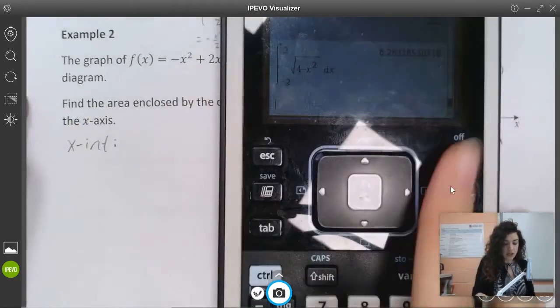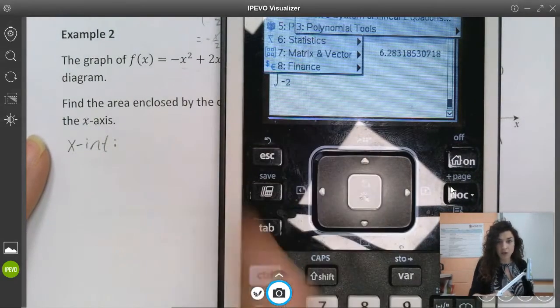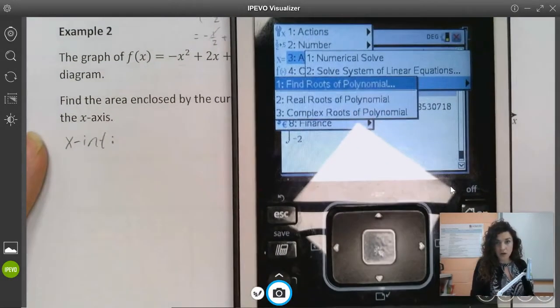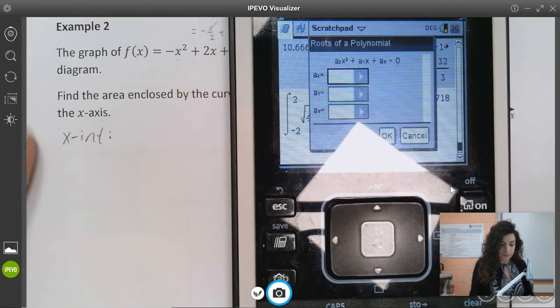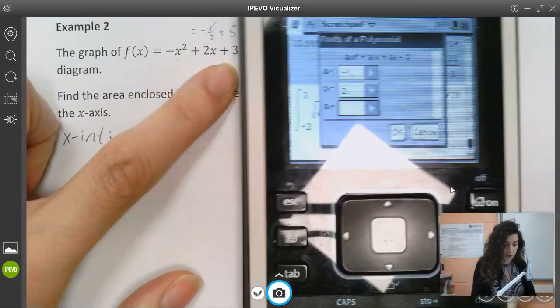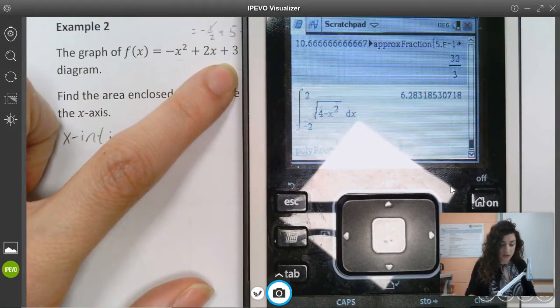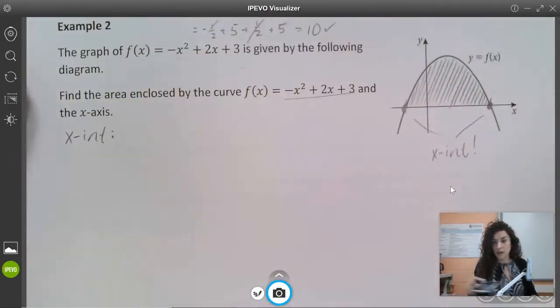Remember that your calculator also finds x-intercepts for you. If you go to algebra and then polynomial tools, you can find the roots of a polynomial. Degree is 2. -1 is your first coefficient, 2 is your second coefficient, 3 is your constant, and it gives you the x-intercepts of -1 and 3.